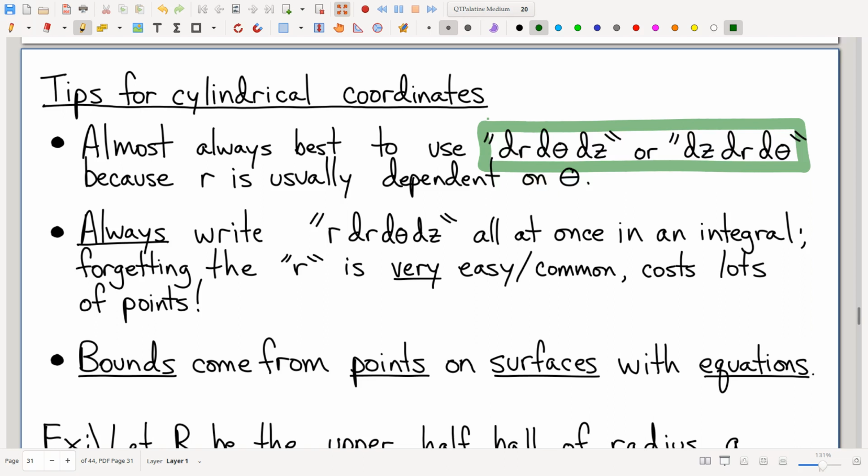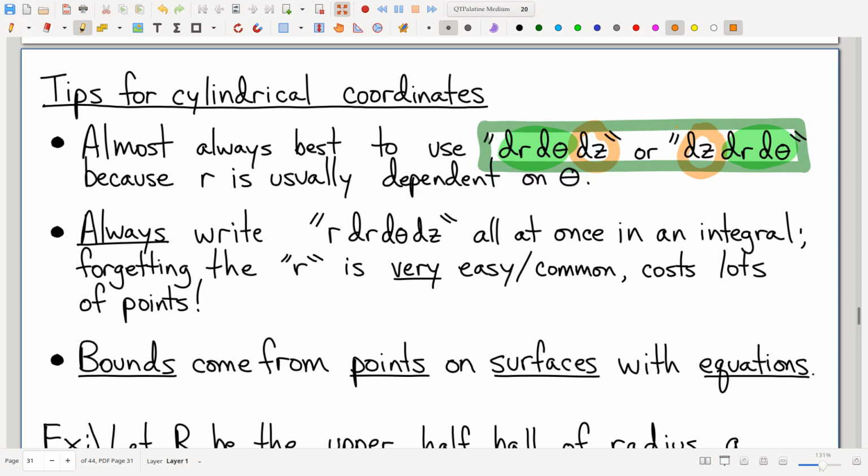So my advice, always stick with these 2. As a memory tool, I'll point out that this always puts dr d theta together and in the usual order. And so the question is just, do you put dz on the outside or do you put dz on the inside? That's the easy way to remember it. Just leave dr d theta together and in that order.